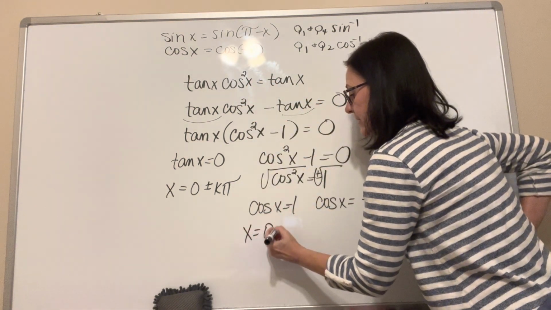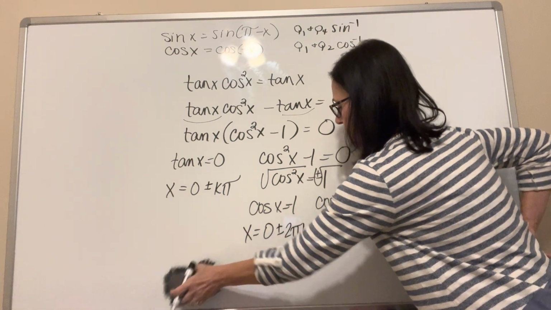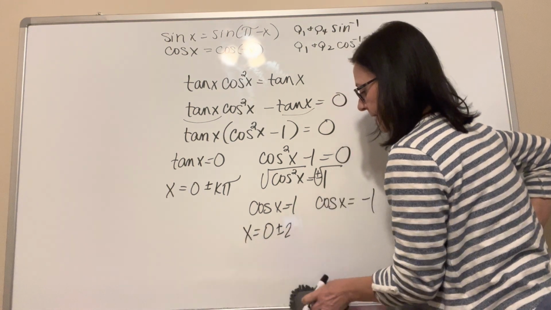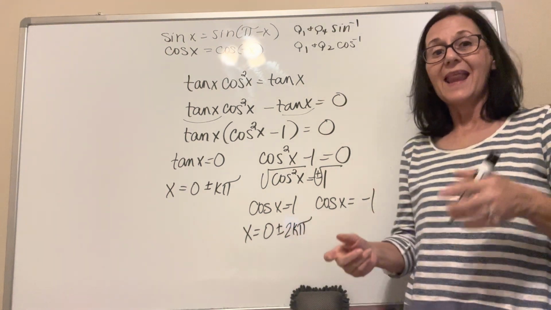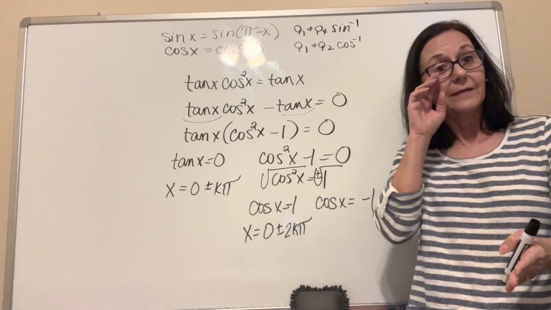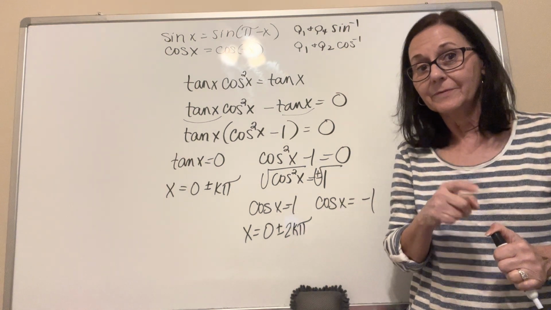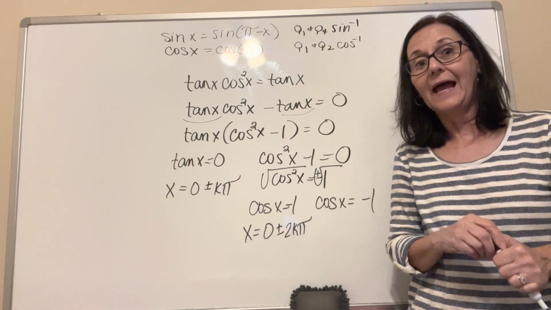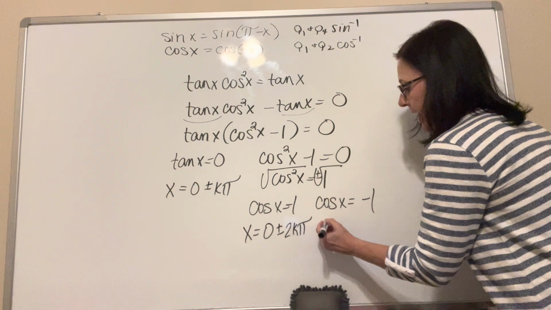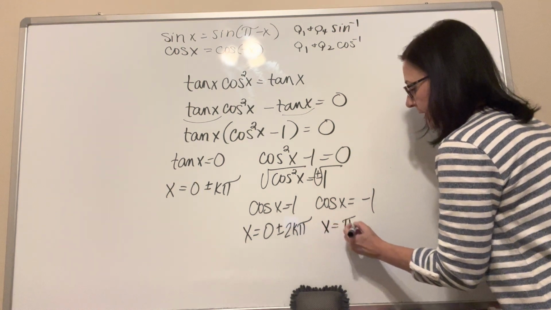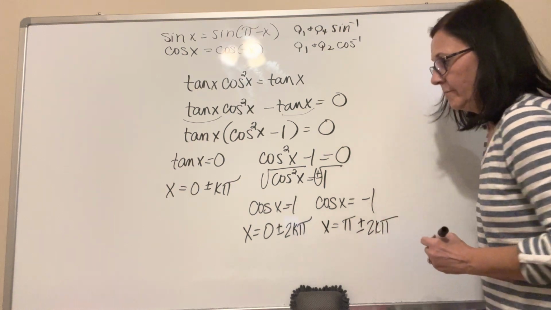So x equals 0 plus minus 2k pi, not 2 pi k, 2k pi, and it's negative 1 at, do you remember? At pi. So x is pi plus minus 2k pi.